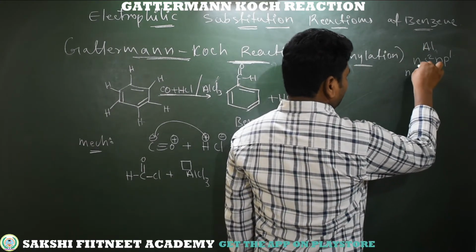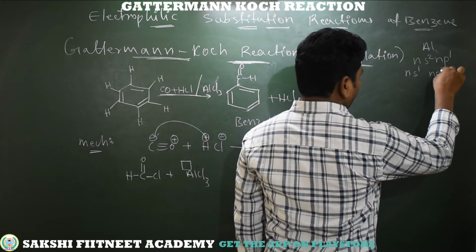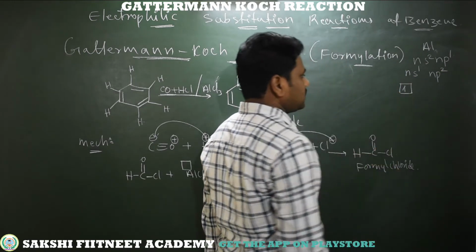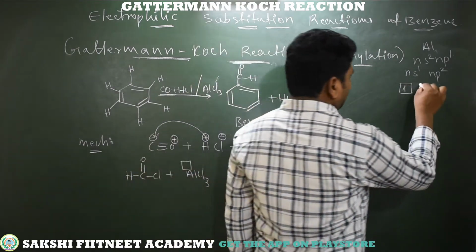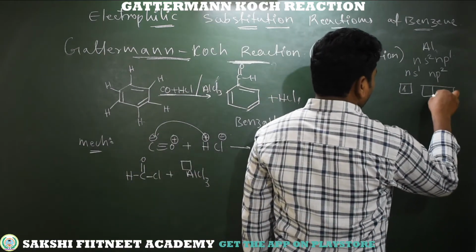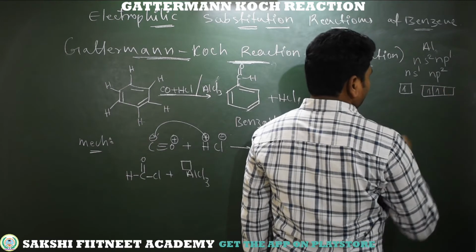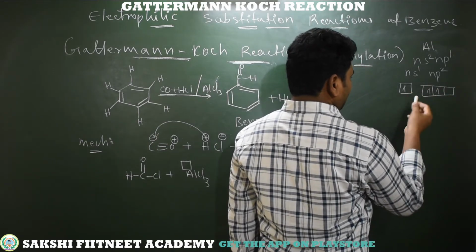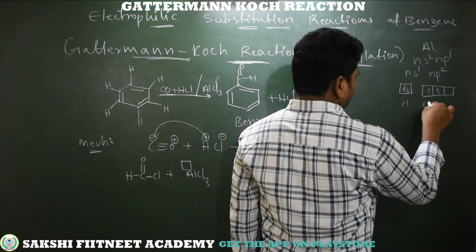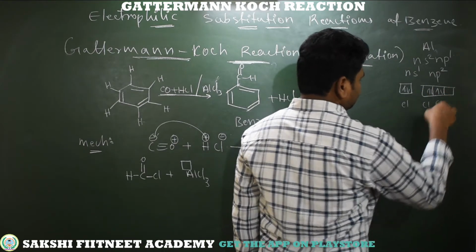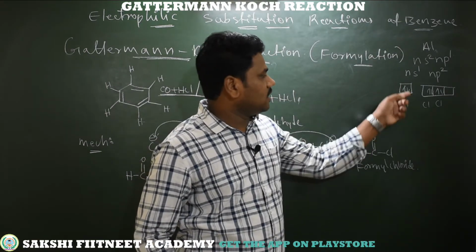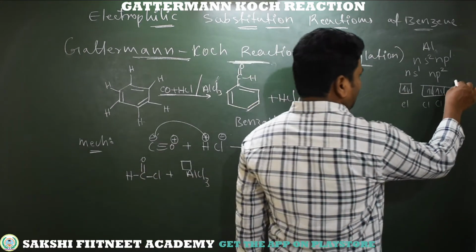The stable configuration becomes 3s1 3p2. That means we have 1 electron in the valency s orbital, 2 electrons in the valency p orbitals. So these 3 unpaired valency electrons form covalent bonds with the 3 chlorines. 3 unpaired with the 3 chlorines, we are getting AlCl3 with 1 empty orbital.